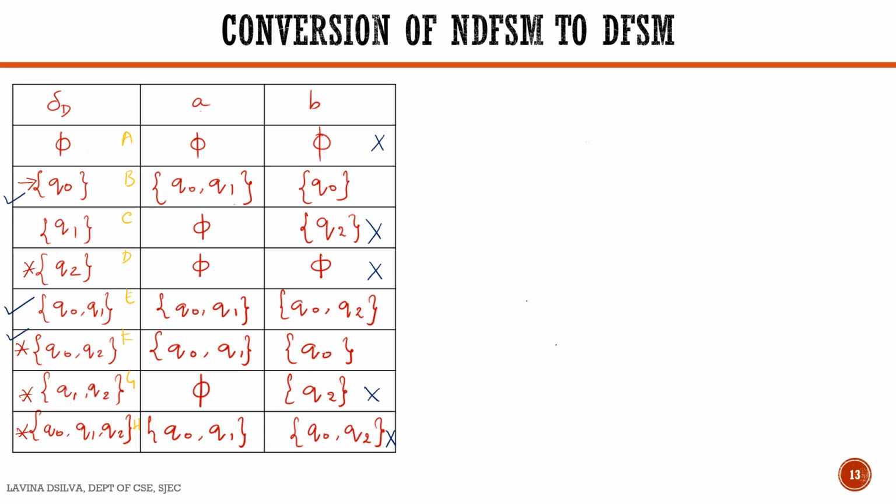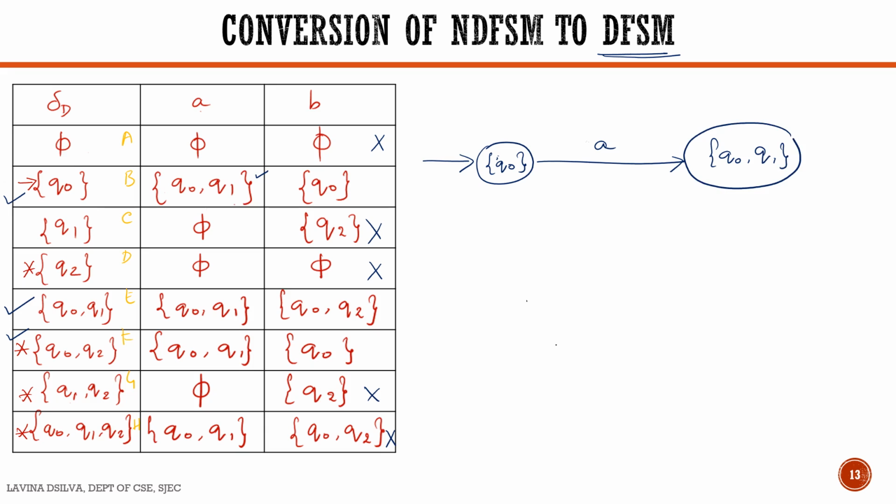So the state transition diagram of the converted DFSM goes like this. We have our start state Q0. Q0 on seeing A goes to the Q0 Q1 state, and on seeing a B, it remains in the same state.